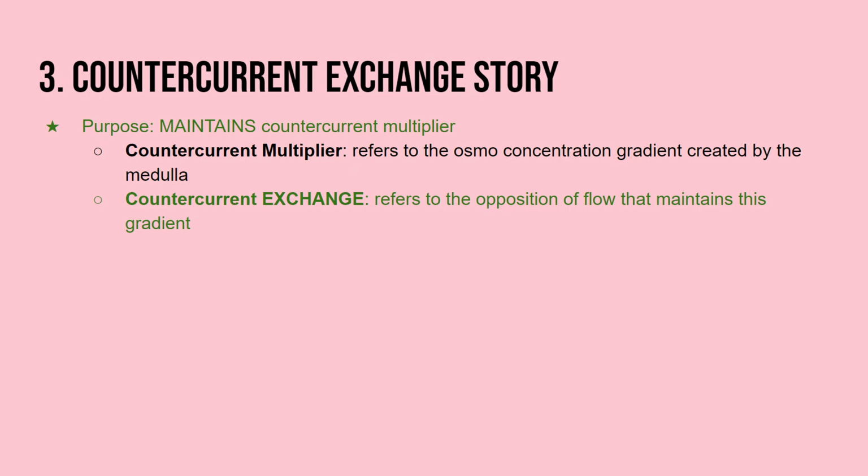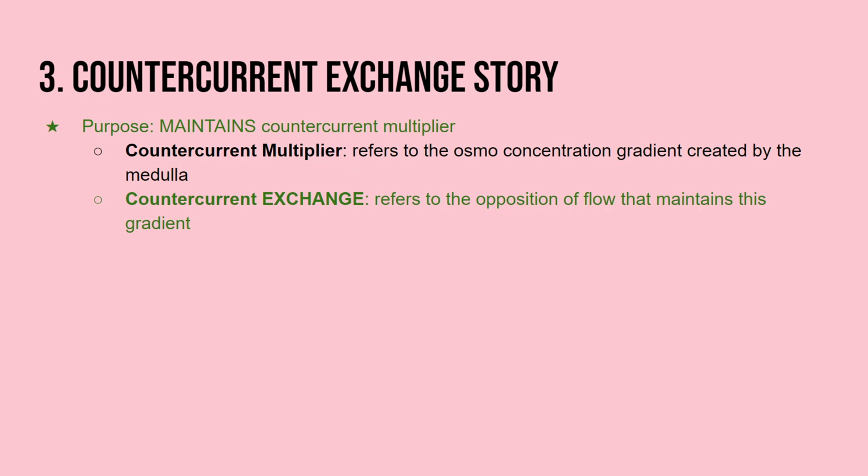So I'm going to draw a blood vessel. And this blood vessel that's specifically associated closely with the nephron is known as the vasa recta.